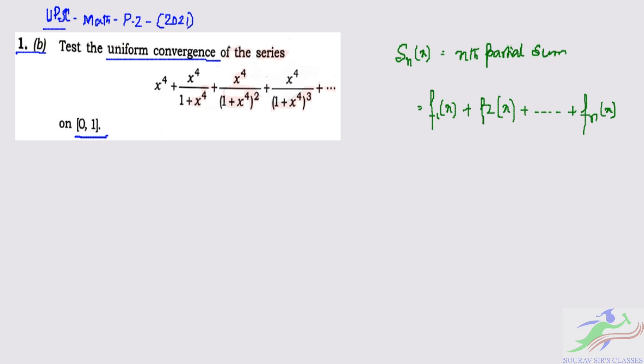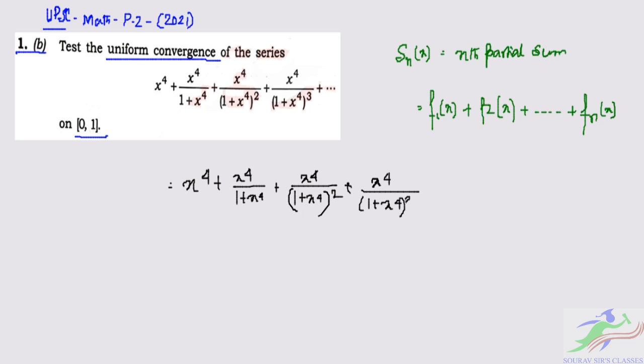This is equal to x to the power 4 plus x to the power 4 by (1 plus x to the power 4), (1 plus x to the power 4) whole square, (1 plus x to the power 4) whole cube, up to x to the power 4 by (1 plus x to the power 4) to the power n minus 1. This will be the last term.